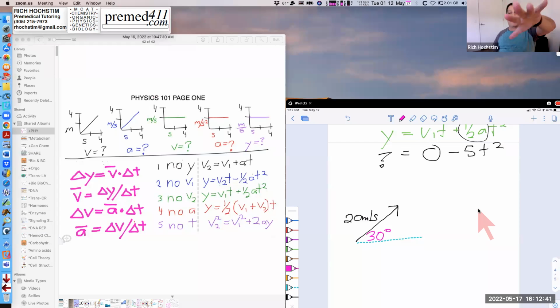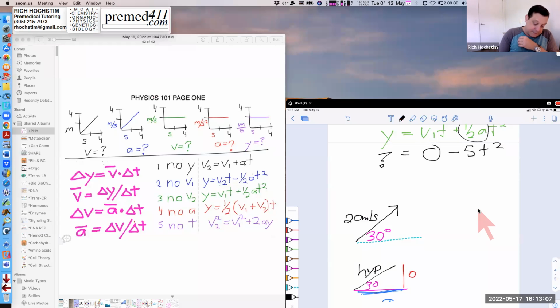And when you break it down, you want to break it down into components. So we're going to say that this is the hypotenuse right over here. And then over here, there's our angle of 30. On this bottom part, we're going to call that adjacent to the angle. And on this top part, we're going to call this opposite to the angle.